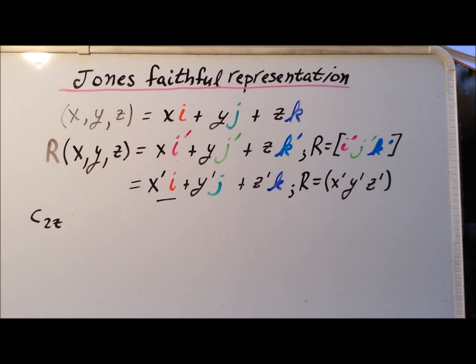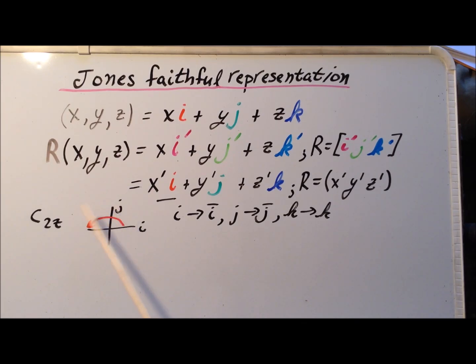For our first example, let's look at the C₂ rotation around the z-axis. As we had shown in some detail in the previous video, the effect of this C₂ rotation around the z-axis is to take the i vector to the minus i vector, the j vector to the minus j vector, and for the k vector to remain unchanged.